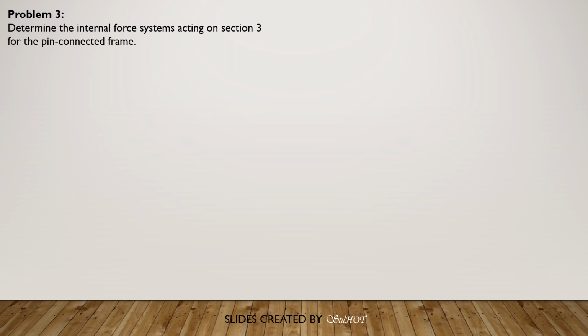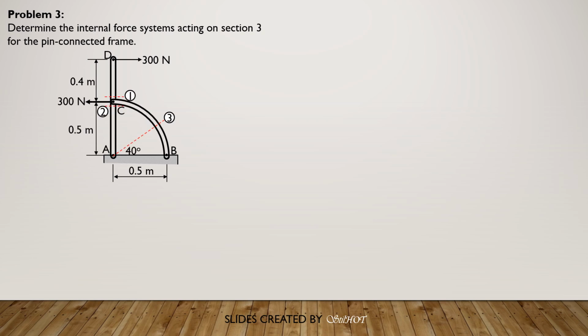Let's proceed to problem 3 on internal force systems. Determine the internal force systems acting on section 3 for the pin connected frame. So we have here the pin connected frame, and this is section 3. All you have to do is determine the reaction components at B, and take note that member BC is a two-force body because there is no external load in between these smooth pins.